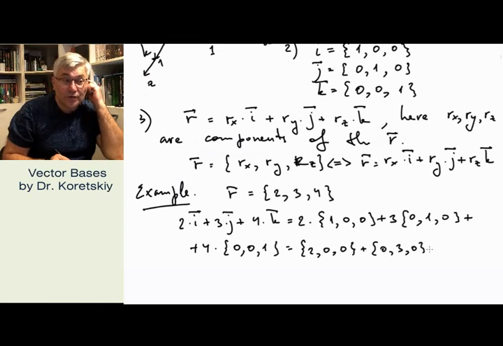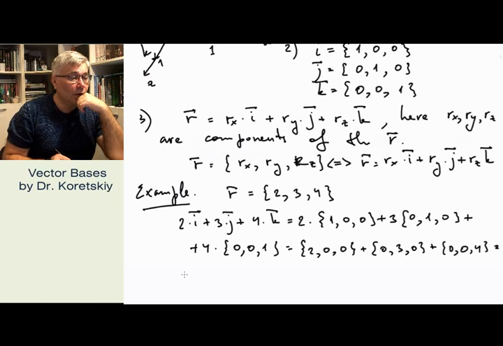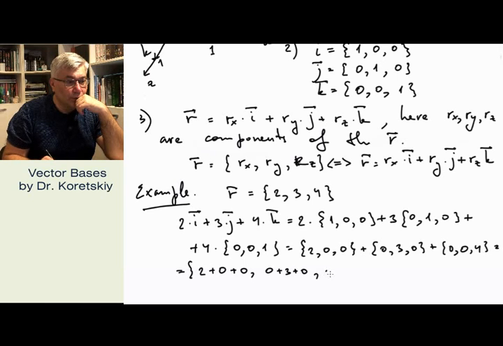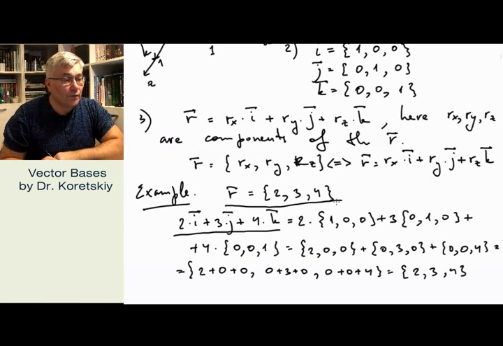And if you multiply and use the standard rules of operations on vectors, you have (2, 0, 0) plus (0, 3, 0) plus (0, 0, 4), and it is 2 plus 0 plus 0, 0 plus 3 plus 0, and 0 plus 0 plus 4, and you have exactly the given vector (2, 3, 4).